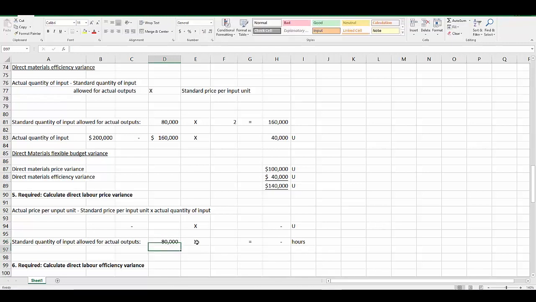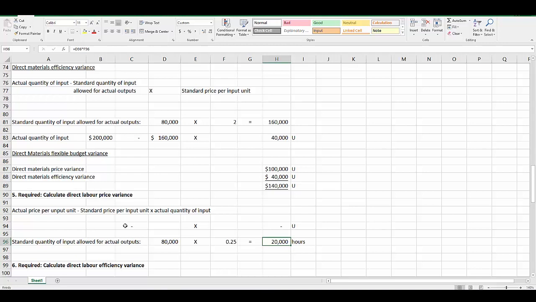So it's 80,000, and we were given the information that it should take 1/4 of an hour, 0.25 per unit. So we should have used 20,000 hours to make our 80,000 units.